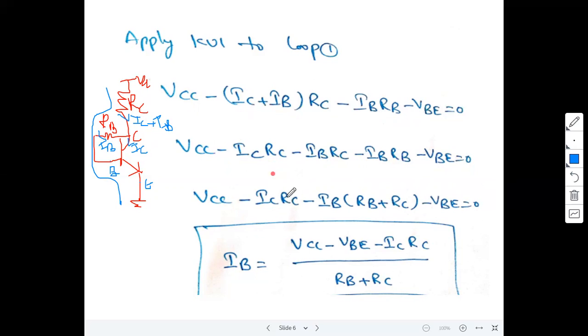Taking IB common: VCC minus ICRC minus IB (RB plus RC) minus VBE is equal to 0. Then IB is equal to (VCC minus VBE minus ICRC) by (RB plus RC). This is the base current in terms of collector current.